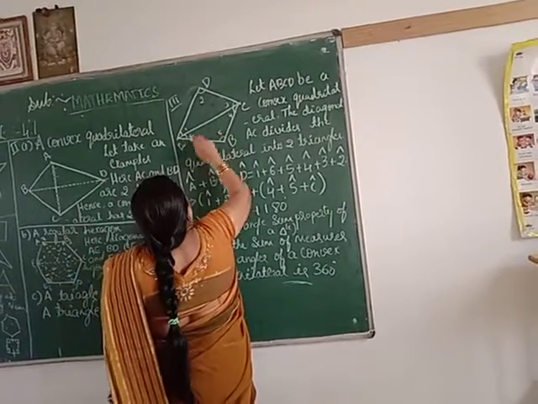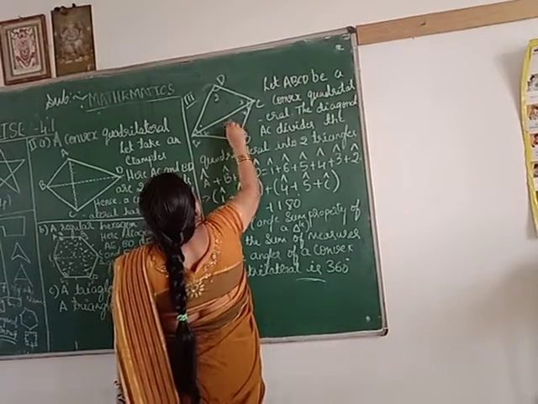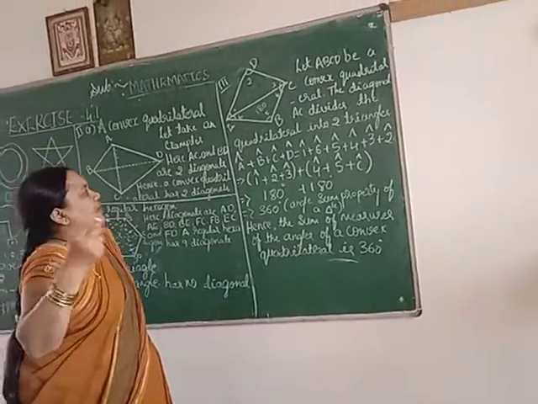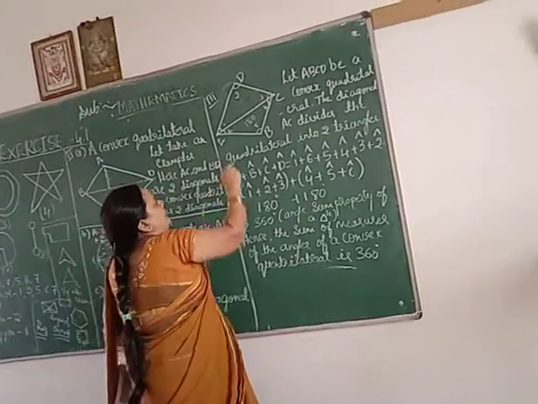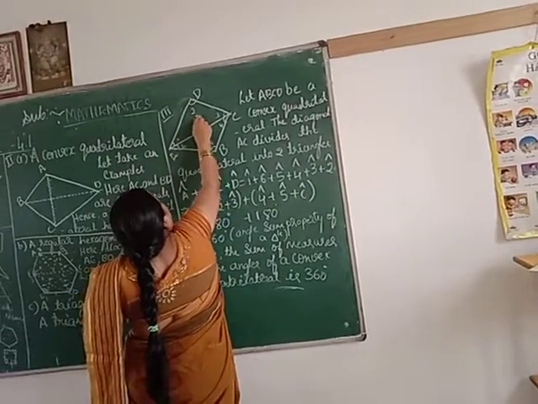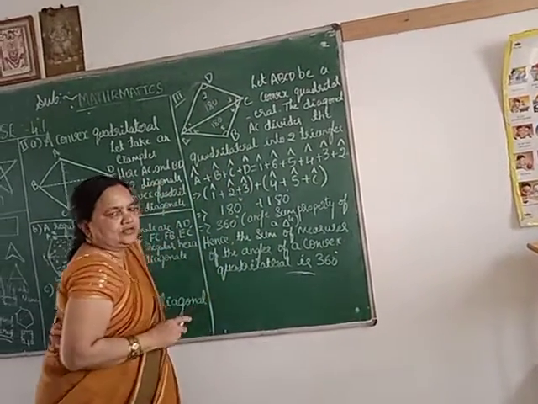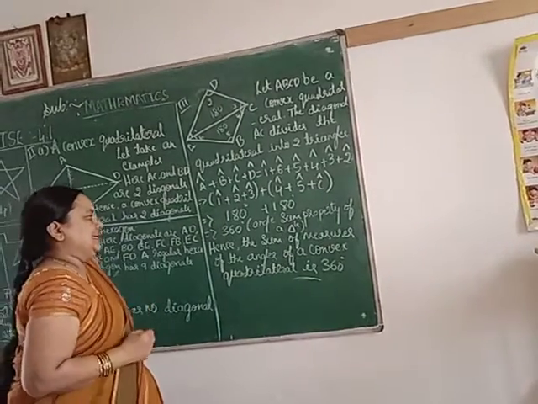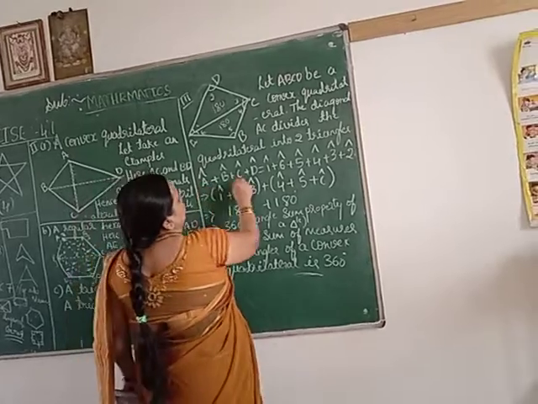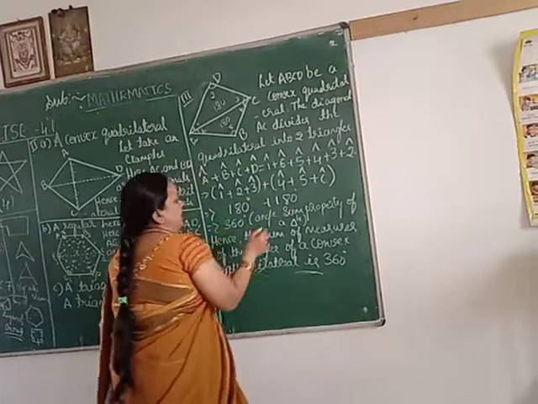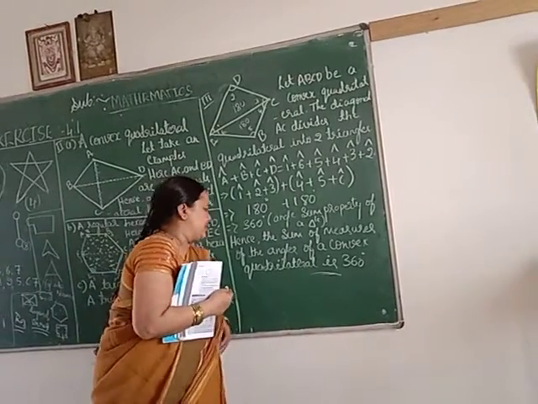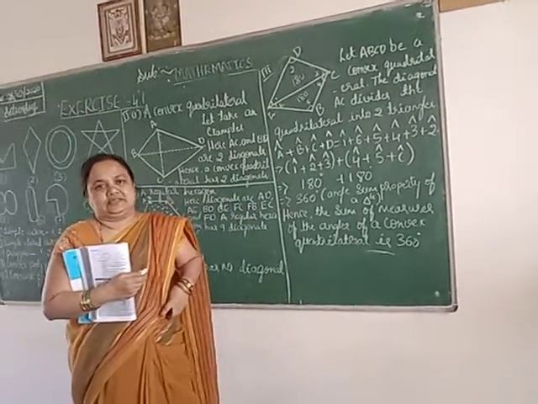What is it? 180 degrees. Whether the triangle is equal-sided or not, if we add all 3 angles of a triangle it will be 180 degrees. Similarly here also it will be 180 degrees. So 180 plus 180 is always 360 degrees. You can do it that way, or you can name the angles and just add them. So hence the sum of the measures of the angles of a convex quadrilateral is 360 degrees.